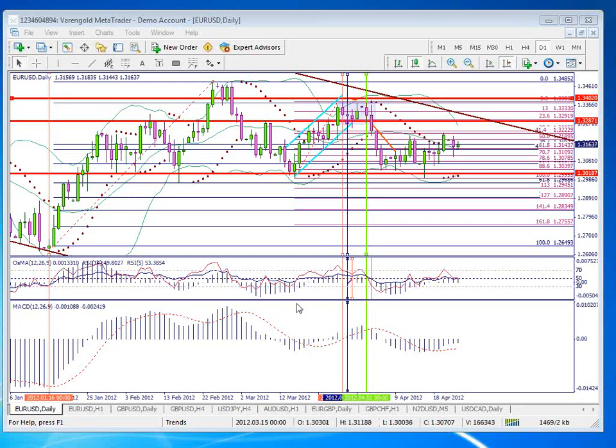MACD is the confirmation for a stronger signal. It's not indicating necessarily the signal. In my system, I'm not using MACD as a signal for entry or exit.